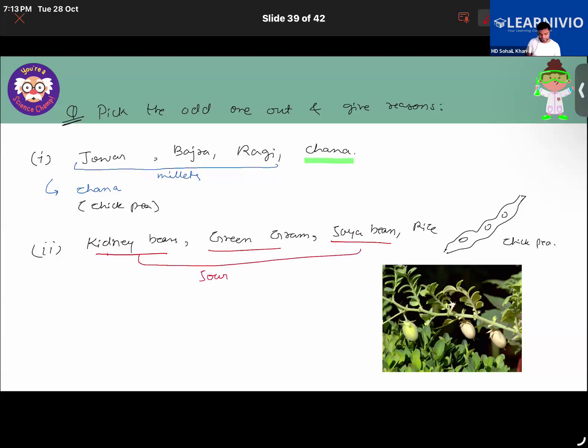But rice is a source of carbohydrate. Exactly. So that is the reason why this is the odd one. Okay, good. It's good to see that you are able to grasp the things.